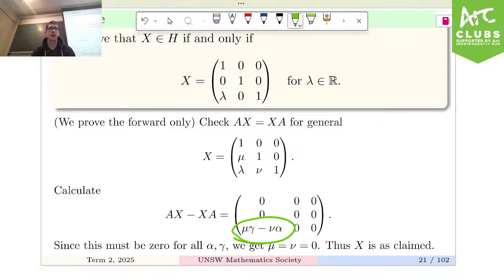For it to be exactly equal to the 0 matrix, we need this to be 0 for all of our alphas and our gammas, because we want commutativity with all A. So in particular, this can only be true if mu and nu are equal to 0. In other words, we're just left with this lambda here, as we would want.